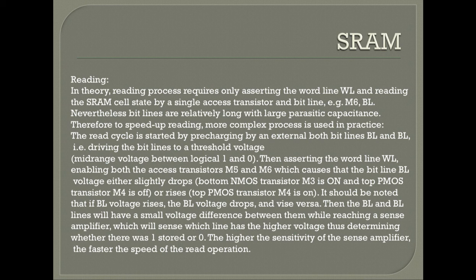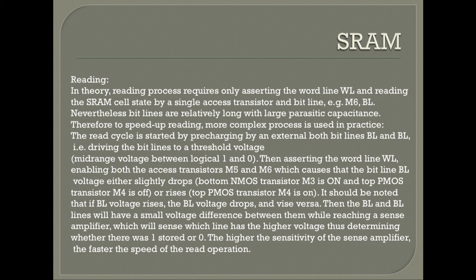Very technical stuff in the reading. It should be noted that if the BL rises, then the BL-bar voltage drops and vice versa. So the BL lines have a small voltage difference between them while reaching a sense amplifier, which will sense the higher voltage line, thus determining whether the stored value is 1 or 0.